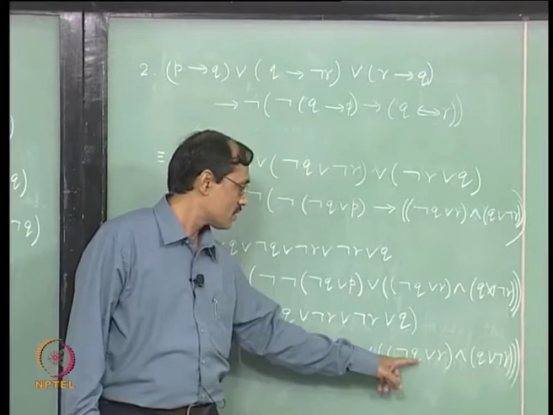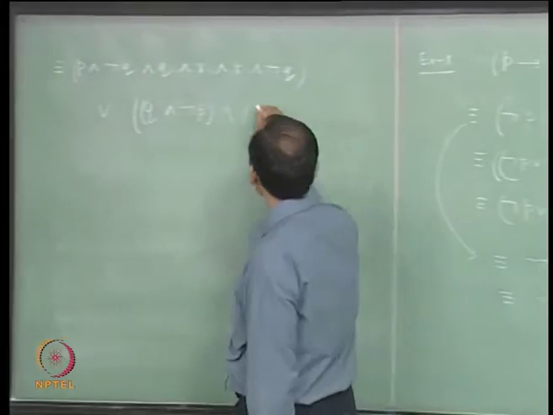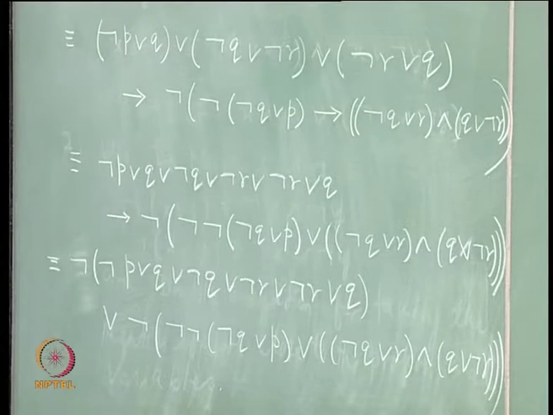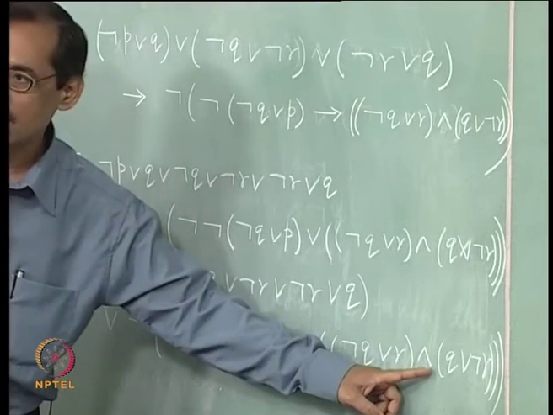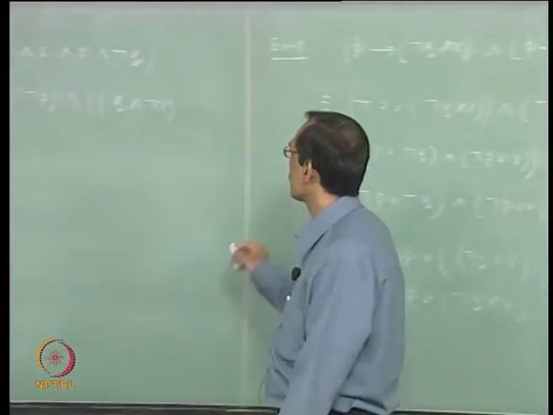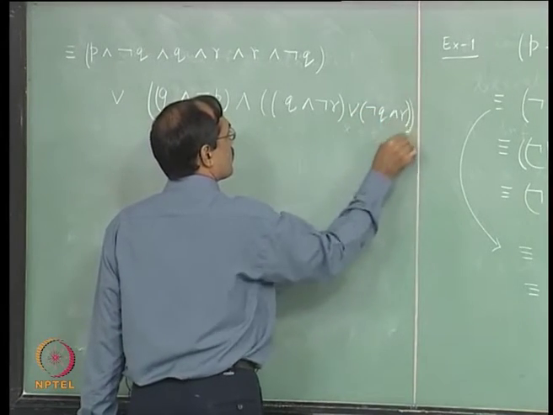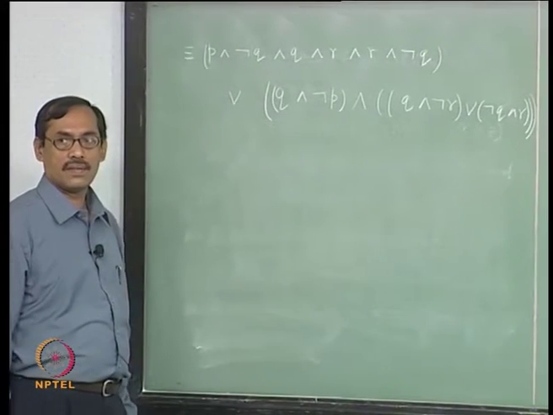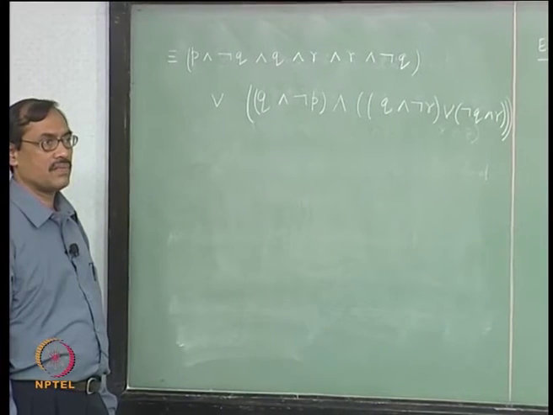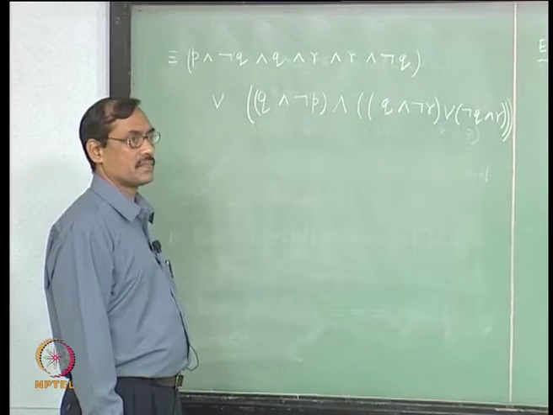So here it becomes Q and not R. Okay. Q and not R, this becomes OR, then not Q and R. Okay. Just verify with yours.